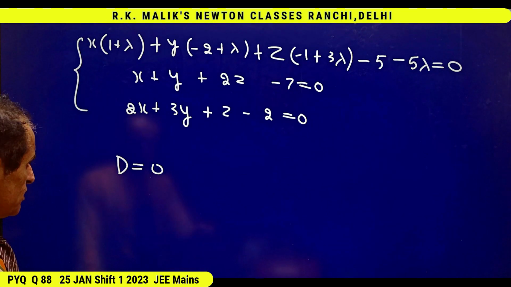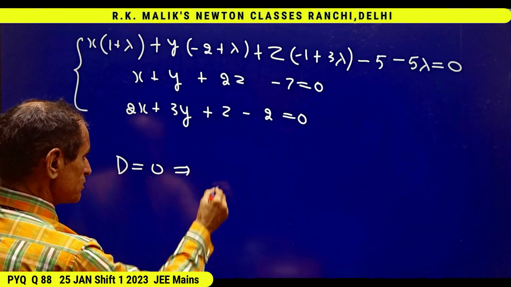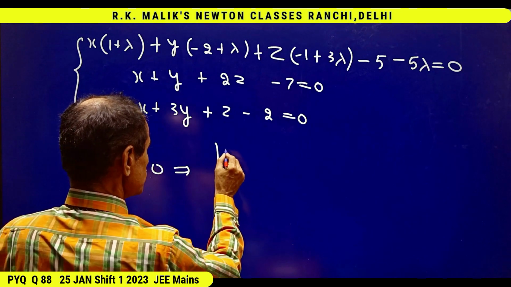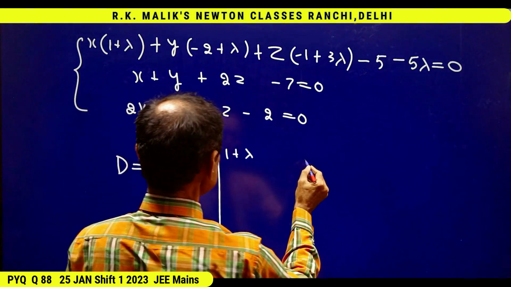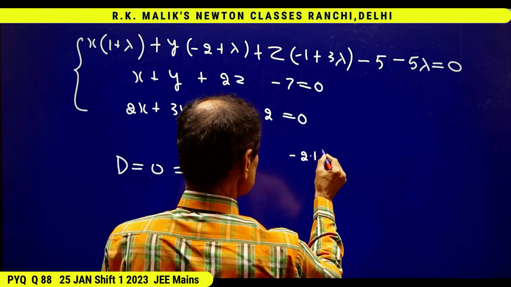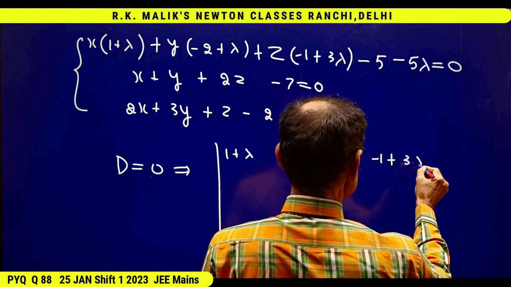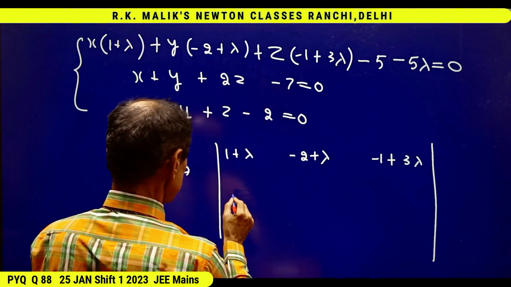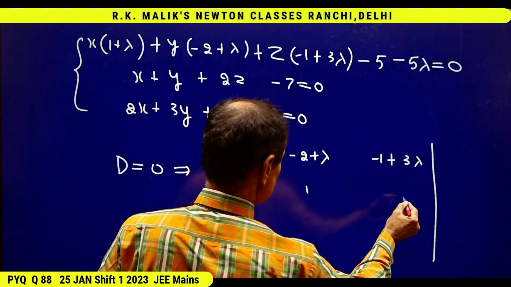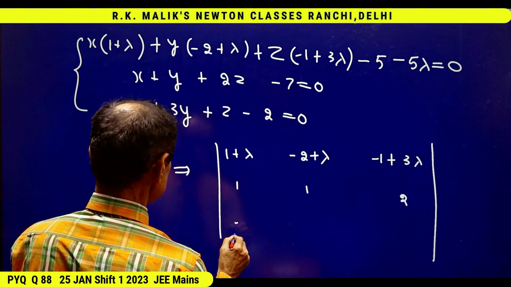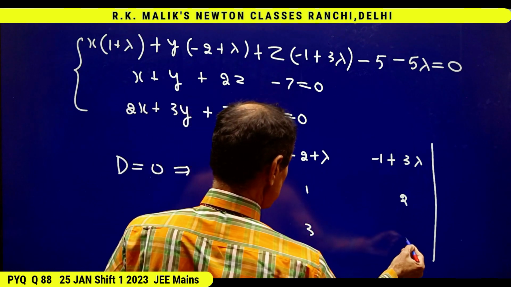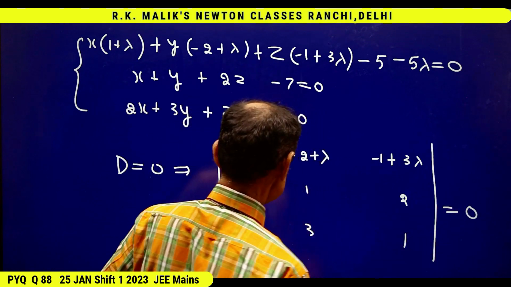And this implies that the determinant with rows 1 plus lambda, minus 2 plus lambda, minus 1 plus 3 lambda; 1, 1, 2; 2, 3, 1 should be 0.